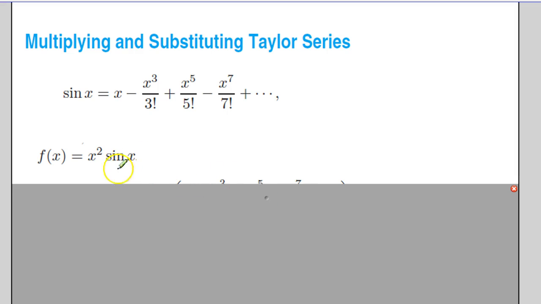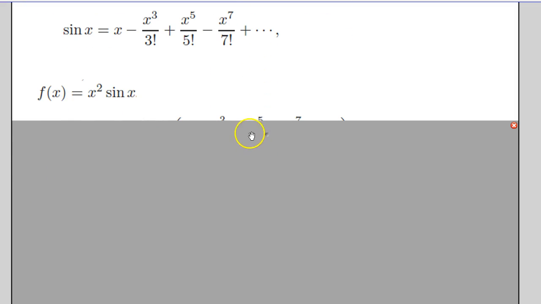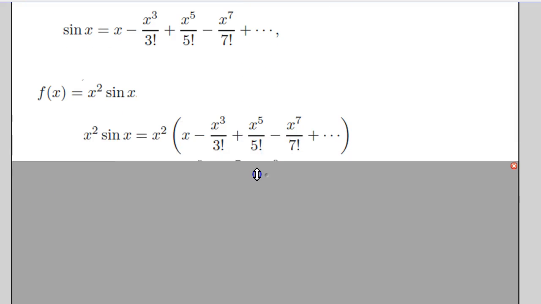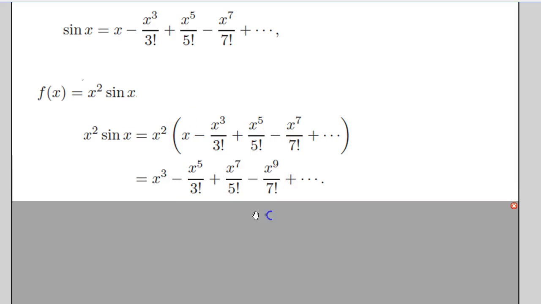But what if I wanted to find the Taylor series for the function x squared times sine of x? All I have to do is multiply x squared times the Taylor series of sine of x, and I simply get this expression. Real easy. So why go through the process of trying to find the derivatives of this complex function when we can take advantage of the fact that we already have a Taylor series for sine of x and use that to our advantage?